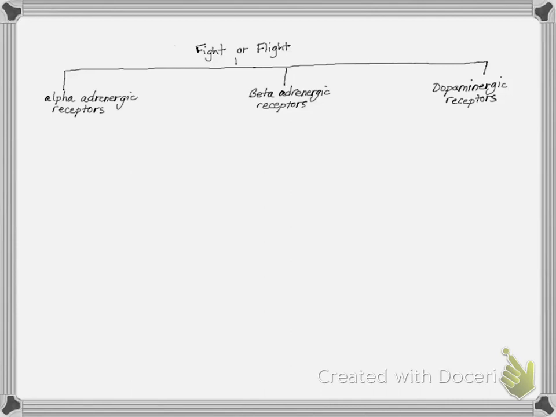Your alpha receptors, you have alpha 1s and alpha 2s. Your alpha 1 is the one we're going to talk about first.